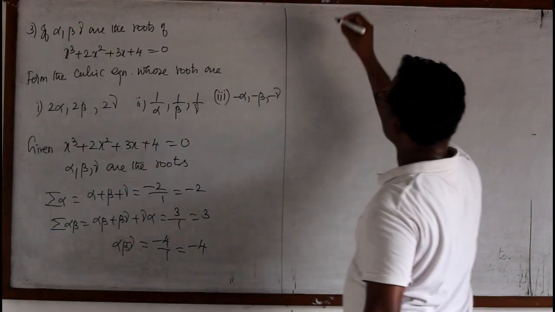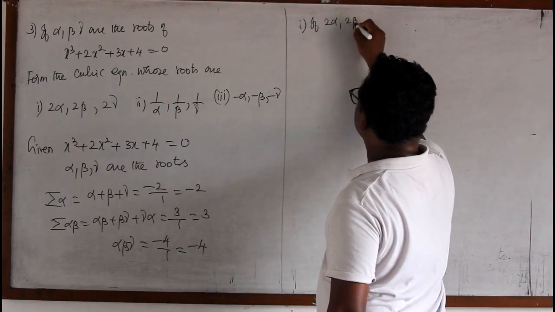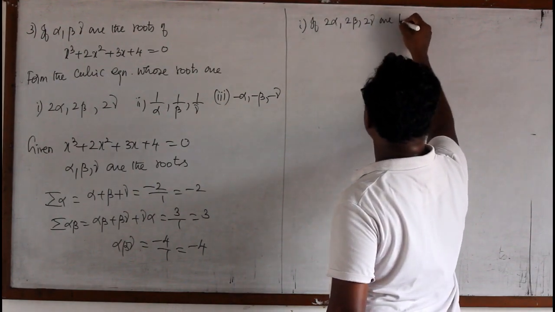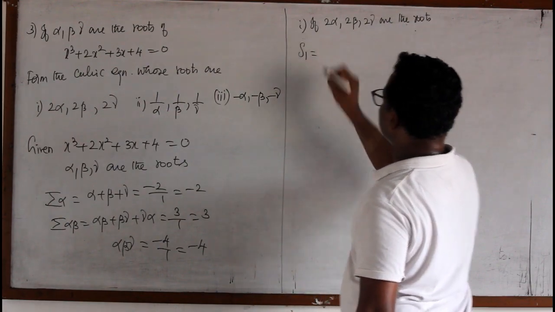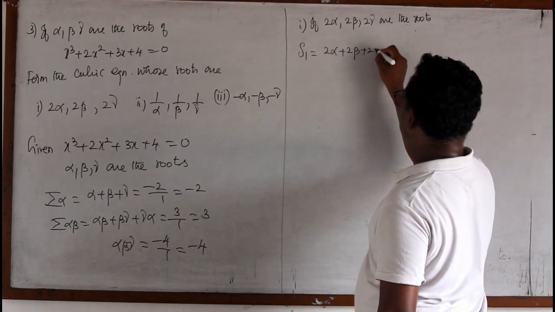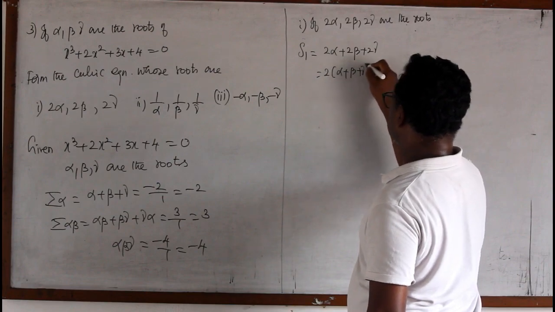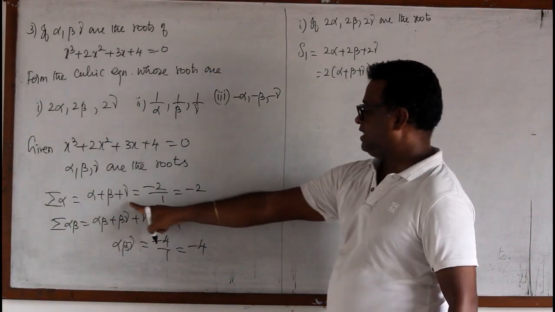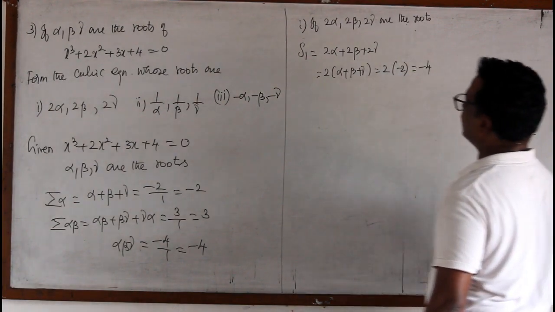Now, first one, if 2 alpha, 2 beta, 2 gamma are the roots. So we shall take this as S1. First sum, 2 alpha plus 2 beta plus 2 gamma. 2 is common, alpha plus beta plus gamma. Alpha plus beta plus gamma is minus 2, so the answer is minus 4.